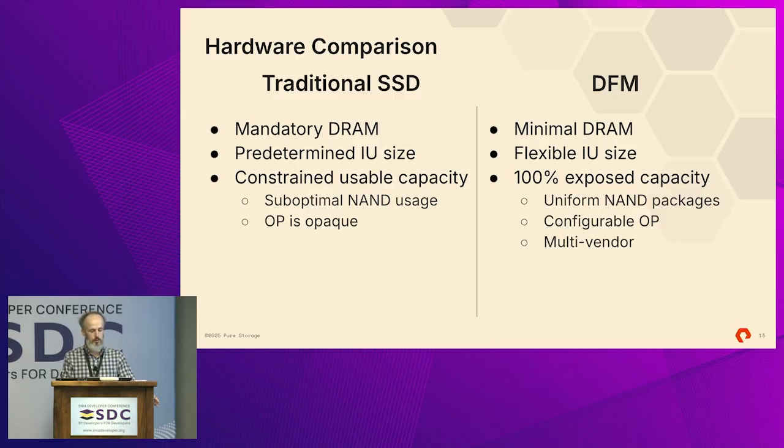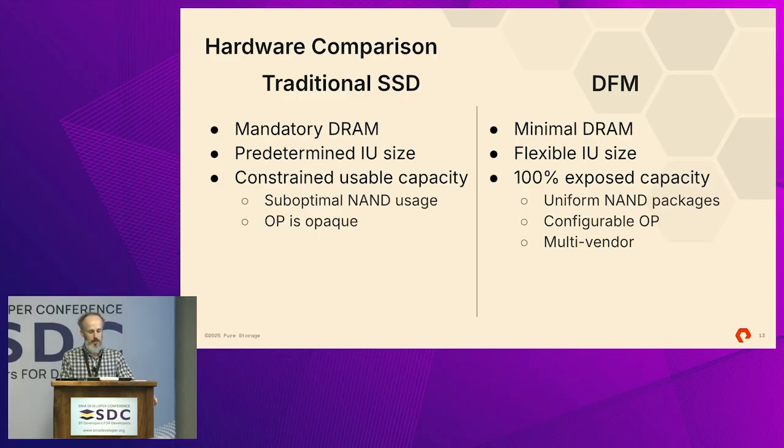And there's no internal overheads, as over-provisioning and RAID aren't part of the DFM. Instead, the HFTL sees 100% of the NAND capacity and can configure over-provisioning and RAID as needed. That's why DFM capacities like 150 and 300 terabytes are unique in the industry. They're optimized for storage density and cost efficiency without hidden NAND.